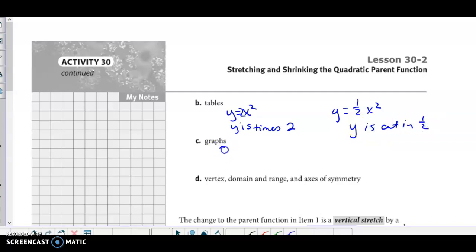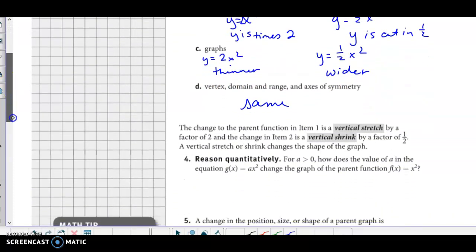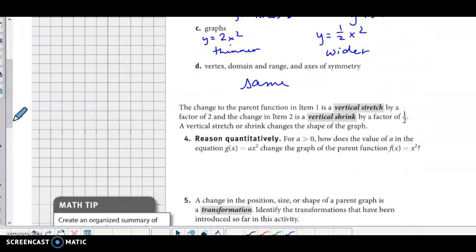On our graph, 2x squared was thinner, and 1/2 x squared was wider. Our vertex, our domain, our range, our axis of symmetry, those all stayed the same. The change to the parent function on 1 was a vertical stretch, 2 was a vertical shrink or compression.